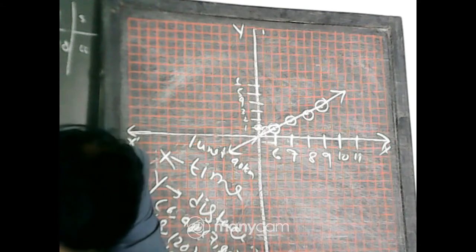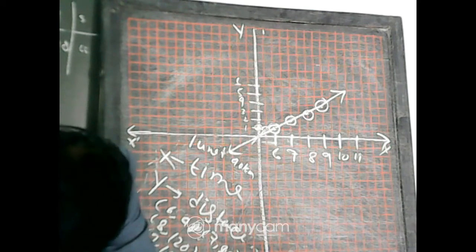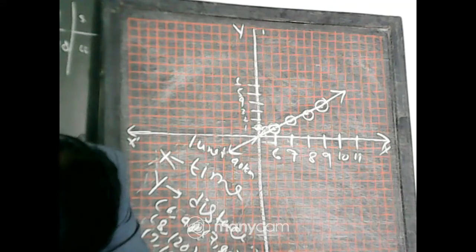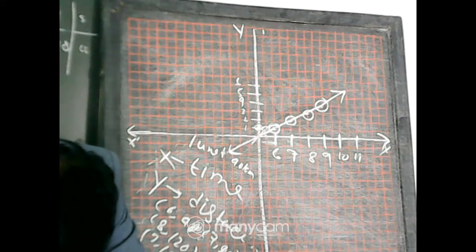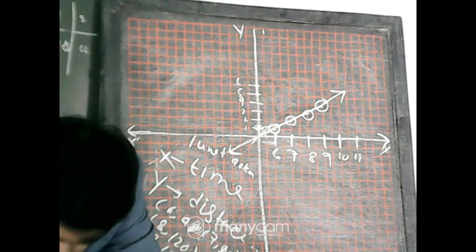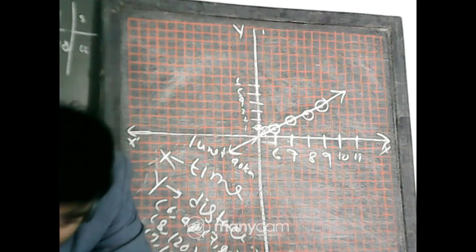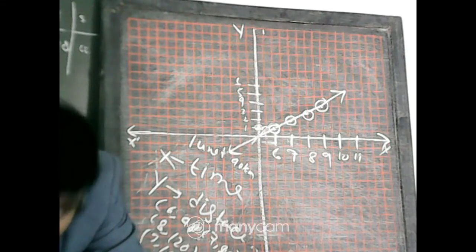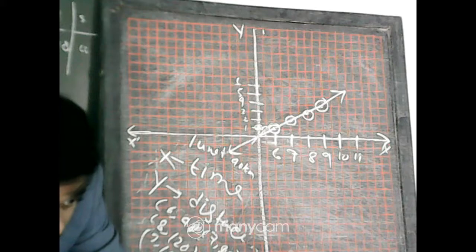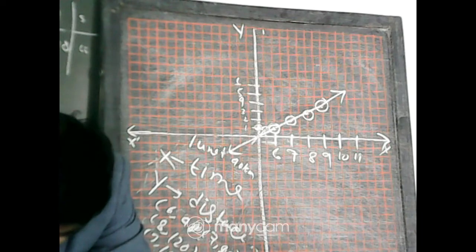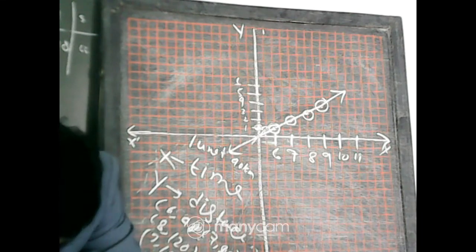First question: how much distance did the car cover during 7:30 to 8 am? 7:30 to 8 am, how much?